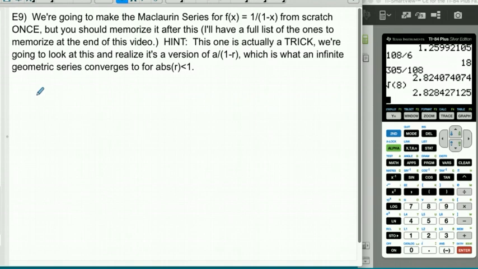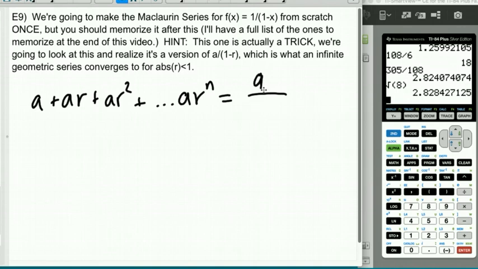Remember the geometric series. Let me rephrase. Remember that the series a plus a times r plus a times r squared plus dot dot dot a times r to the n converges to a over 1 minus r for absolute value of r less than 1.